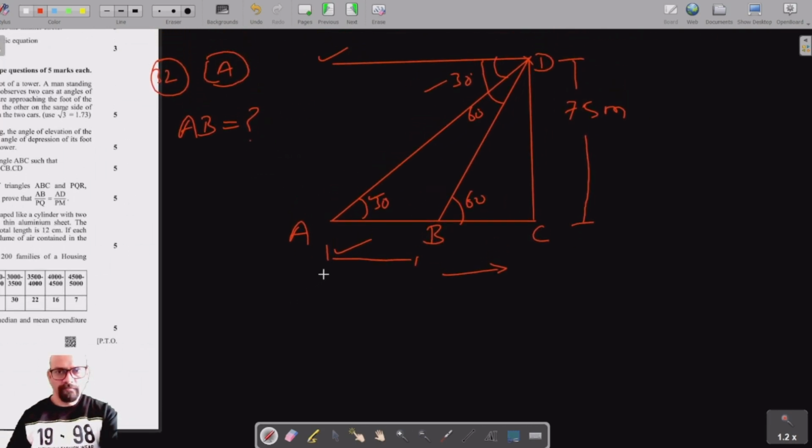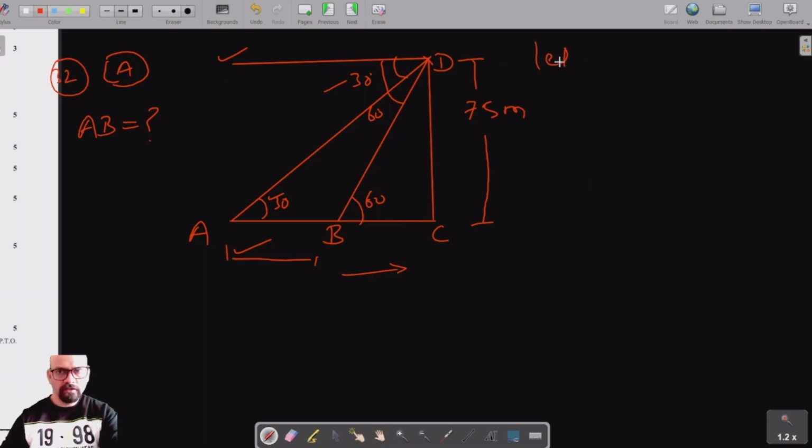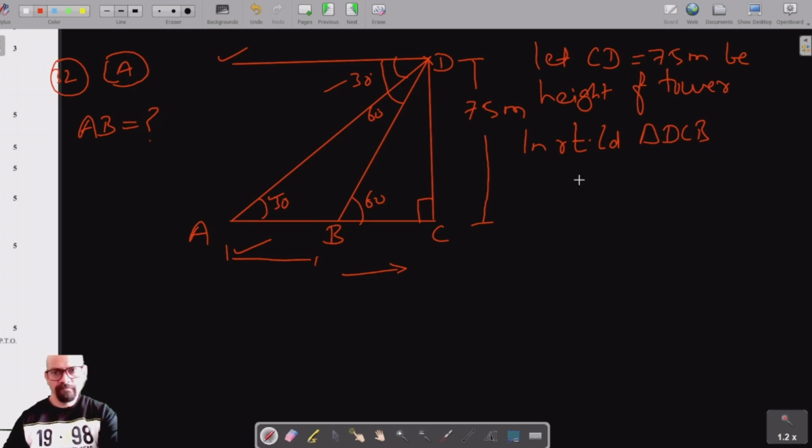And so let CD is equal to 75 meter be the height of the tower. Now we are going to use the smaller right angled triangle DCB, in which tan 60 is equal to DC by BC, and tan 60 is root 3.